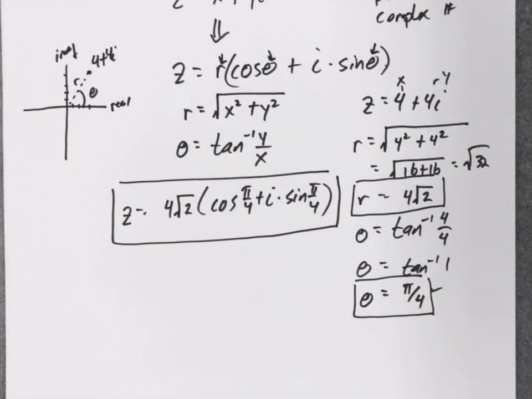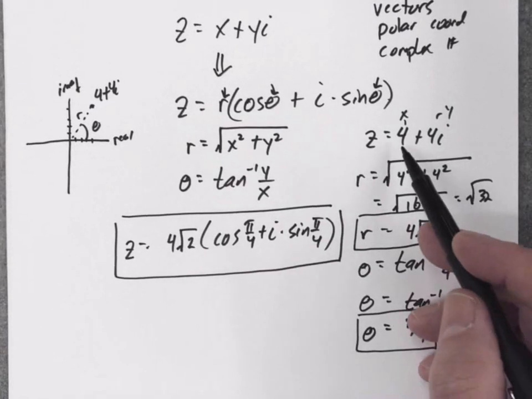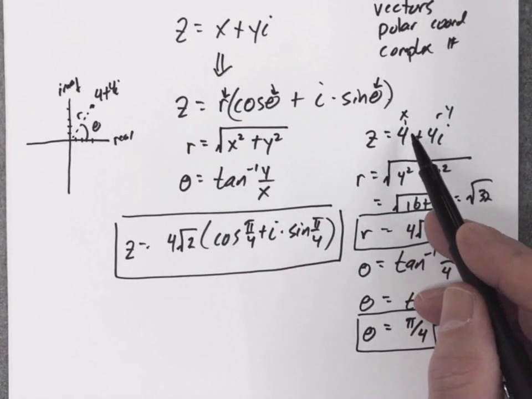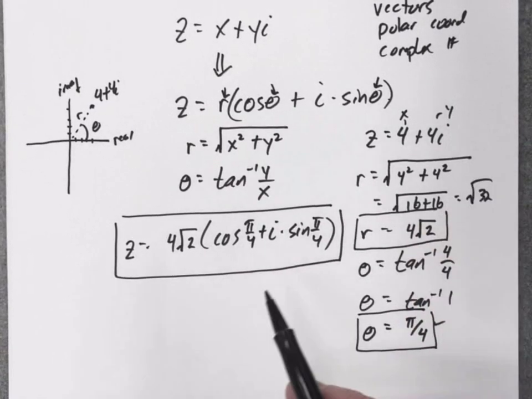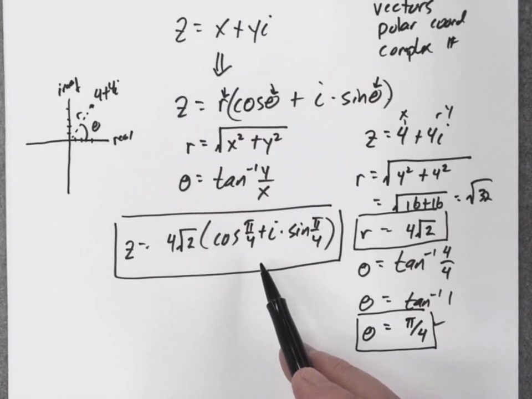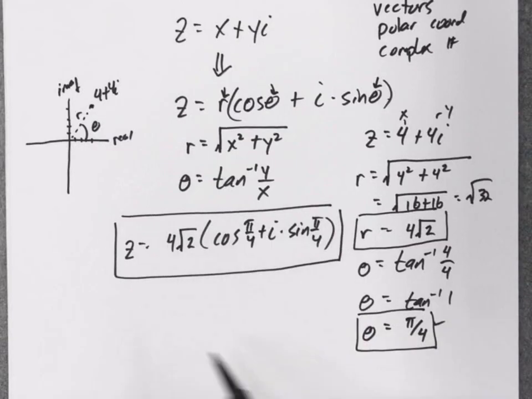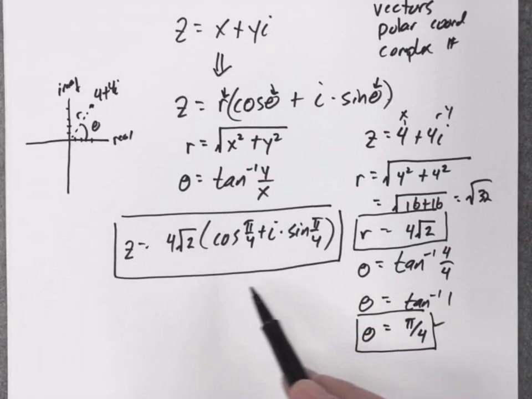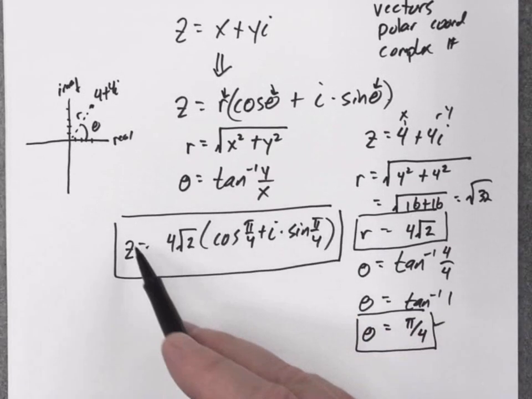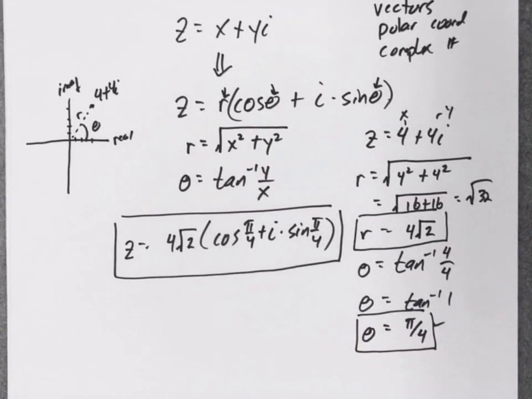So this complex number, 4 plus 4i, written in trigonometric form is this. I mean, this looks a lot messier, but you're going to see in a few minutes that there are some things we want to do in math where having a complex number in trigonometric form makes it a little bit easier.